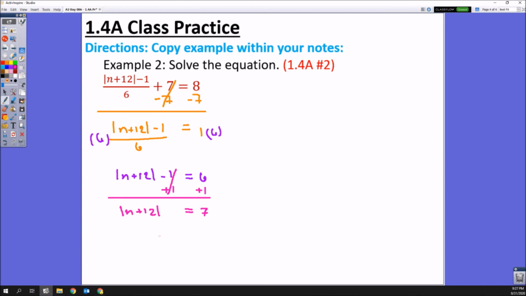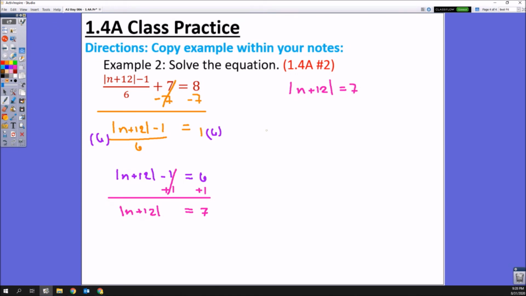So when the absolute value is by itself, let me write it over here. Absolute value of n plus 12 equals to 7. So what I'm going to do is I'm going to split it into two equations. I'm just going to write the inside twice.